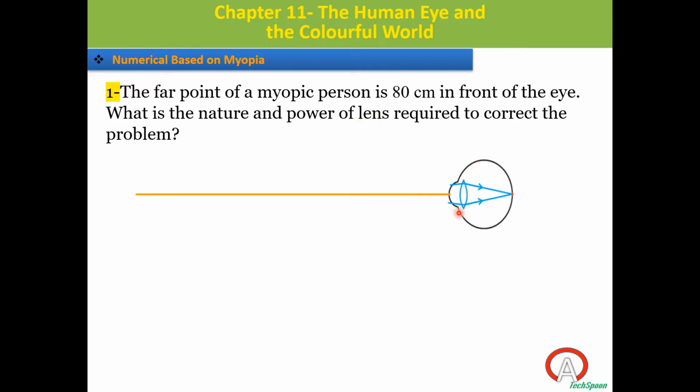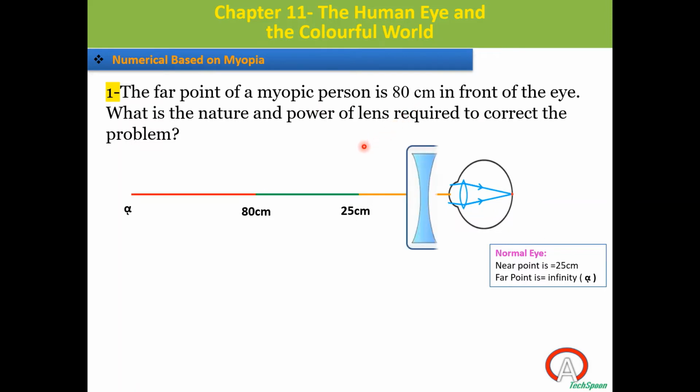See, this is the human eye. The normal eye near point is 25 centimeter and far point is infinity. Now here it is saying that for the myopic person, the far point is 80 centimeter. That means after this 80 centimeter you cannot see anything.